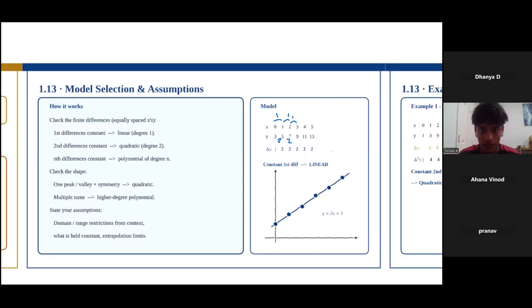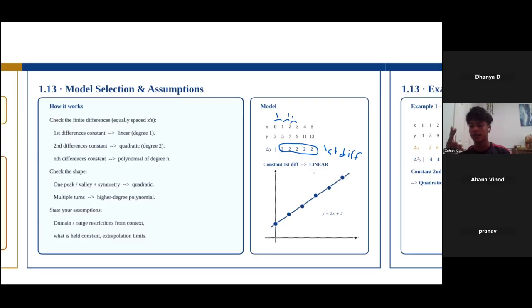And since all of these are the same in the first difference, the graph is linear.